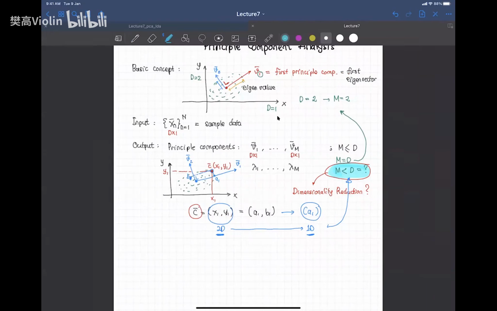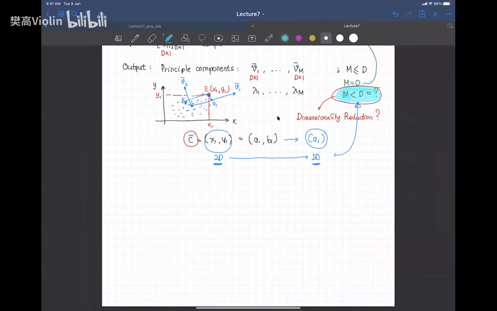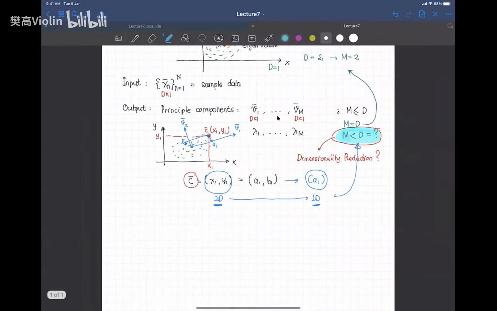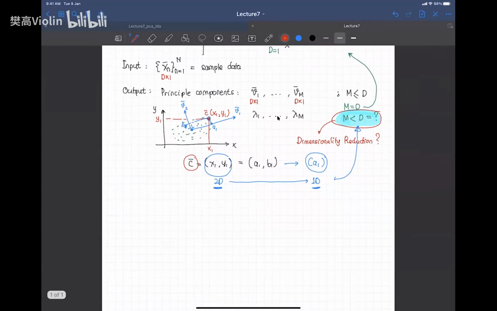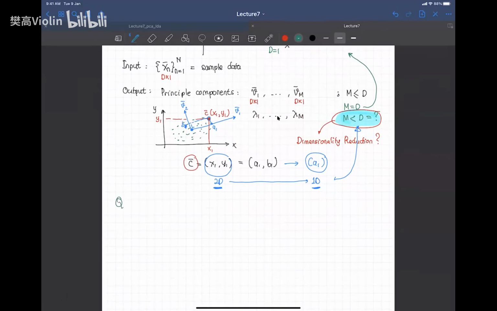All right, so let's move on to more technical details. We know the input and we know the output, and I hope you also know the intuition behind this, why this is useful, at least in the case of dimensionality reduction. So now the question we can ask is how to get the eigenvalues and eigenvectors, right?